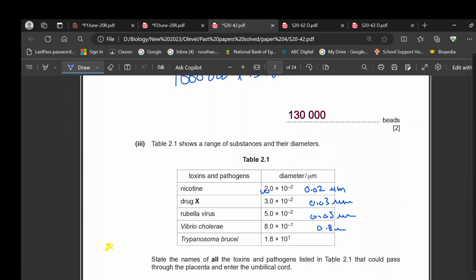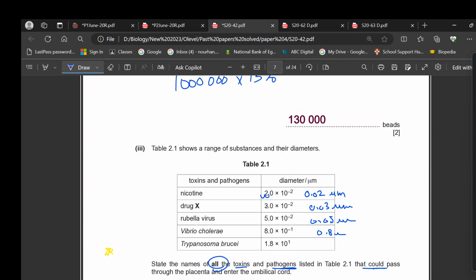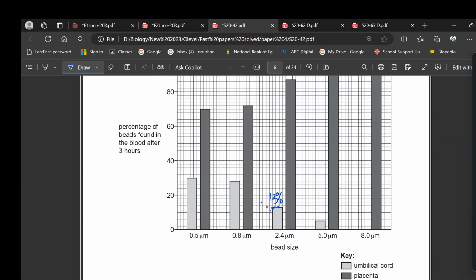State the names of all the toxins and the pathogens that could pass. How am I going to know which substance will pass? You have the graph. Up to 5 micrometers, it can pass.